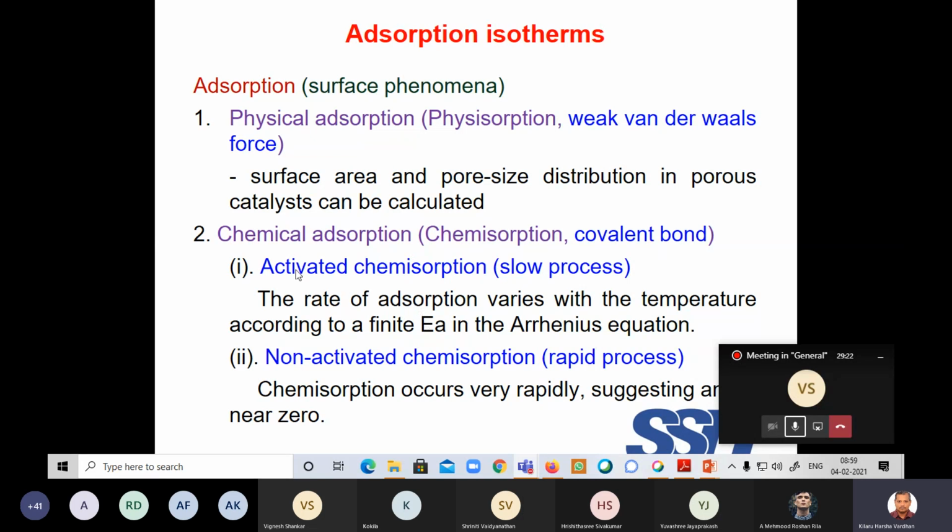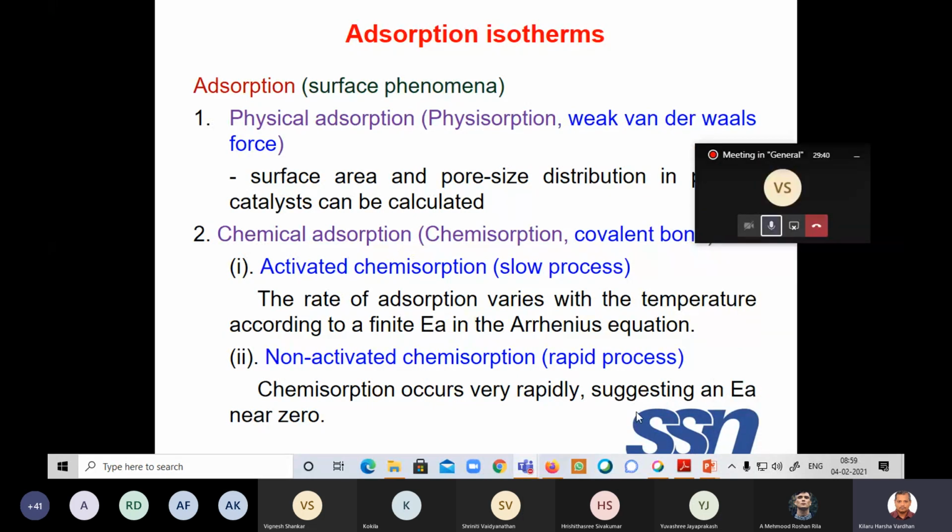So that type of chemical adsorption is called activated chemisorption, which can be very slow. The other one is non-activated chemisorption, which is very rapid. Generally, this chemisorption occurs very rapidly, suggesting an EA near zero. So activation energy is very small for this kind of process. Activation energy being small means the reaction becomes faster because it gets activated immediately.